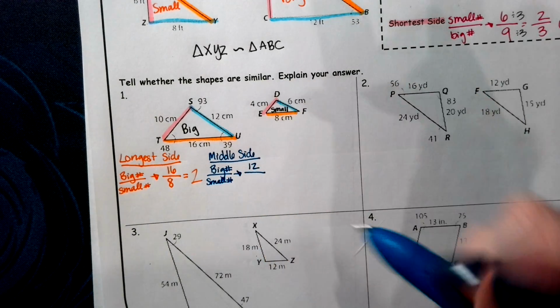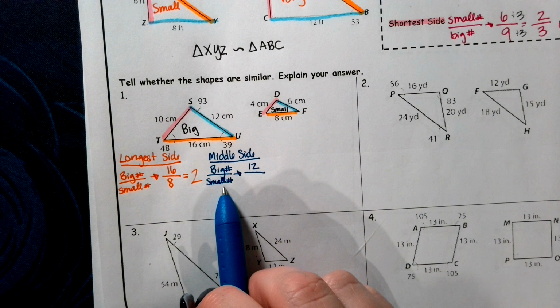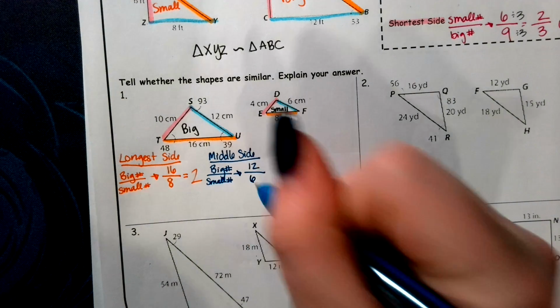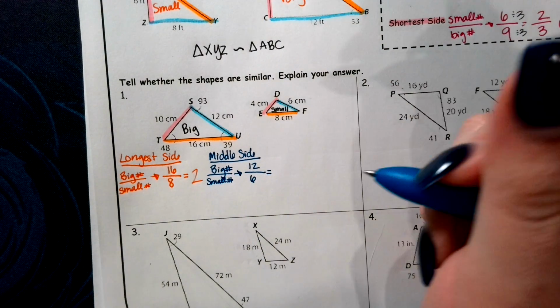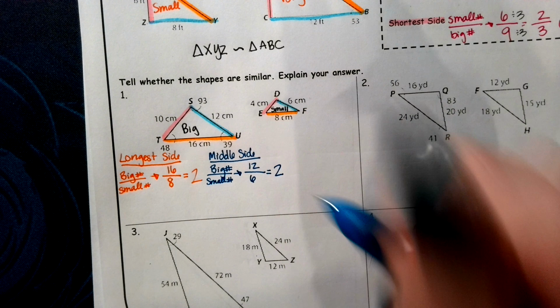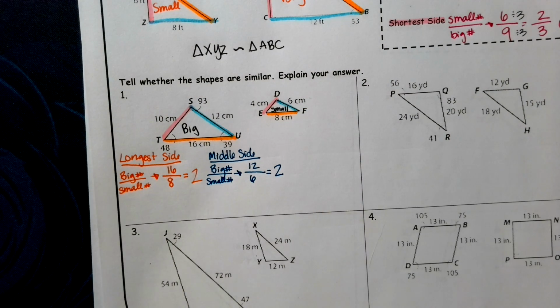And what was my small blue side? 6. Again, some of you guys might be able to do that in your head. If you need a calculator though, that's fine. Pause the video, divide it out. But what's that going to simplify to? That is also simplifying to 2. Woo, this one's not too bad.